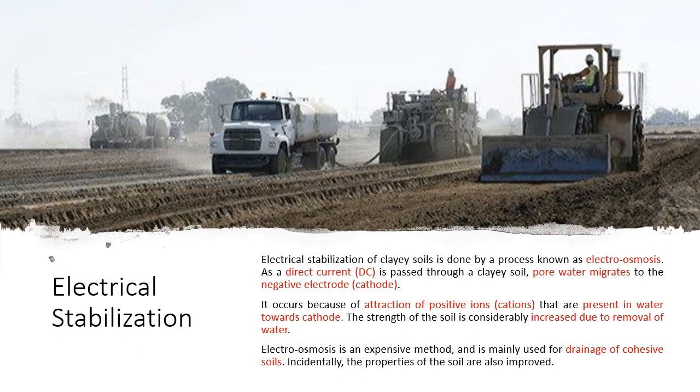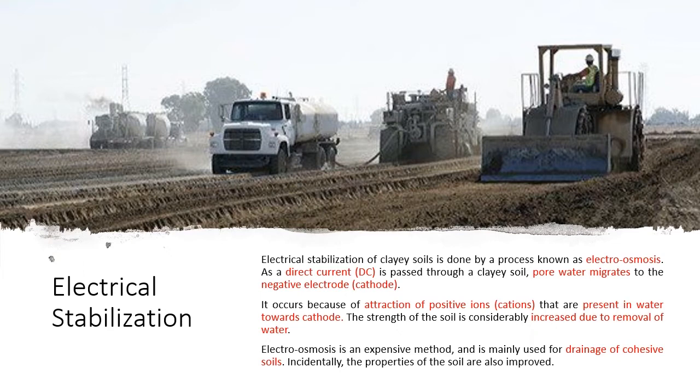Electrical stabilization. Electrical stabilization of clay soil is done by a process known as electroosmosis. As a direct current, DC, is passed through a clayey soil, pure water migrates to the negative electrode, which is cathode.